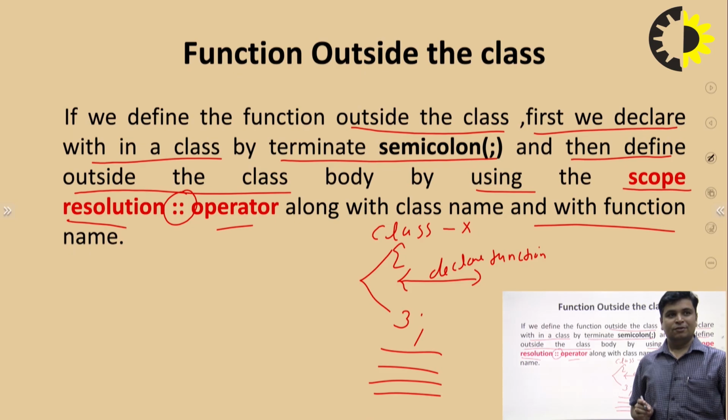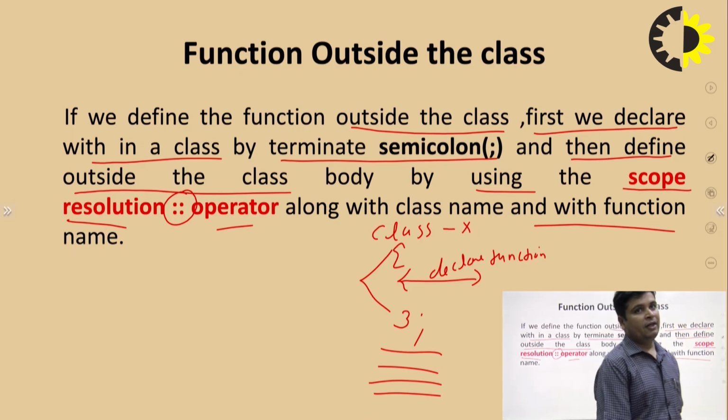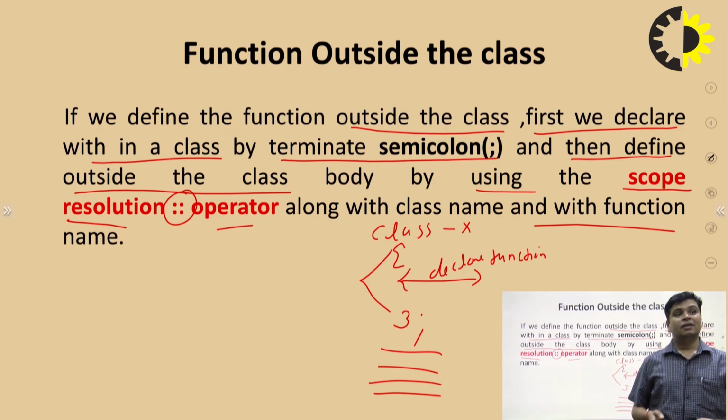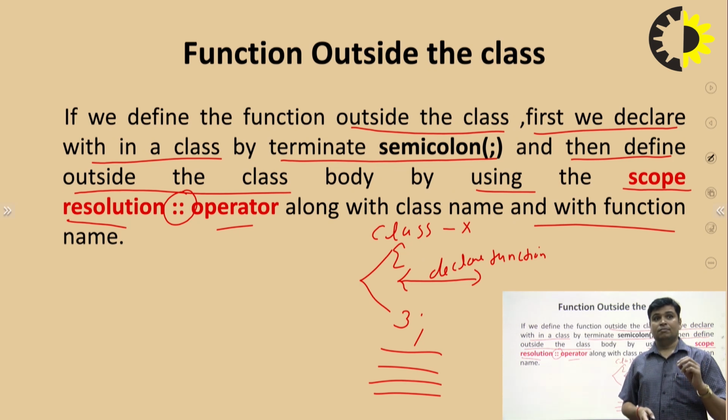Understand? So I think you got clarity on how we can declare and how we can define outside the class. I am talking about the scenario of defining a function outside the class.